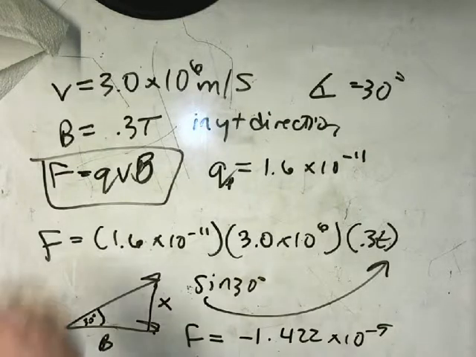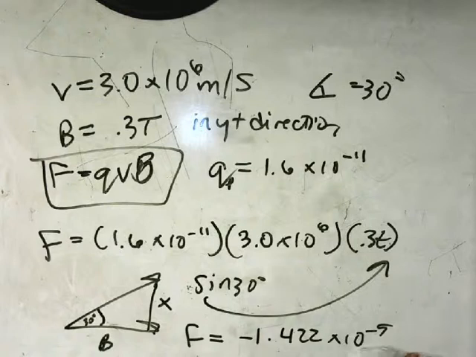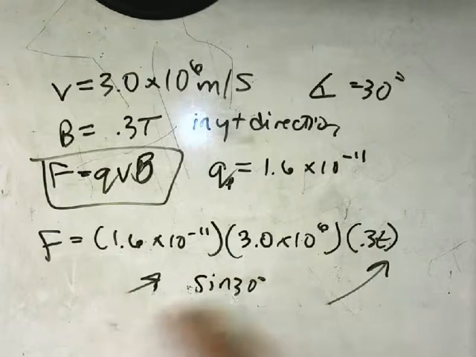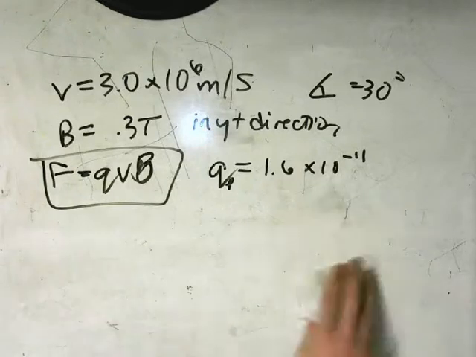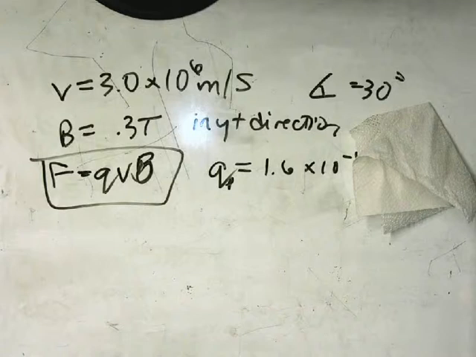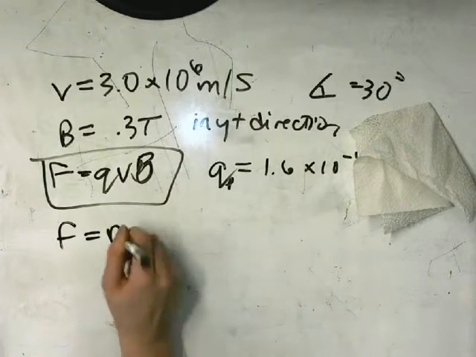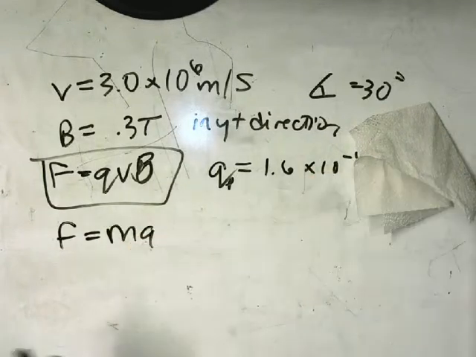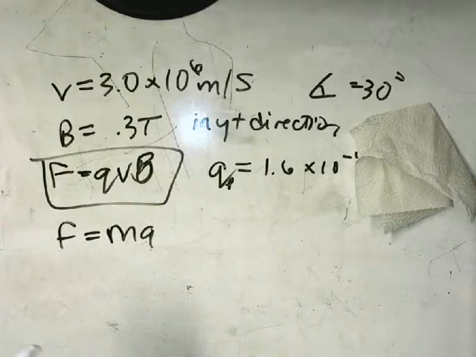Next, we are going to find the acceleration of the proton. In order to do this, we can use the equation F equals ma, force equals mass times acceleration, which derives from Newton's second law of motion.